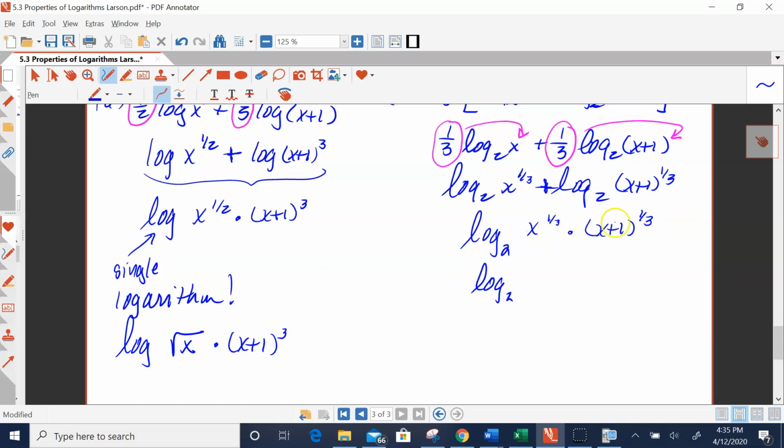Since they're both 1/3 powers, that means we would have a cube root with both pieces underneath. That's an alternate version to what you see right there. Both of them have a cube root, a 1/3 power, which means they're both under a cube root, so I could combine them into a single logarithm that way.